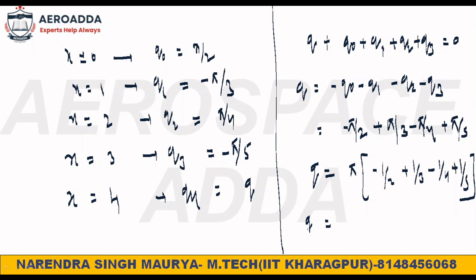What is the value here? Check. Quick. Yes, what happened? Just take 1 by 2, point half, 1 by 3, 0.33, 1 by 4, 0.25, 1 by 5, 0.2. Add them, tell me how much this will come.